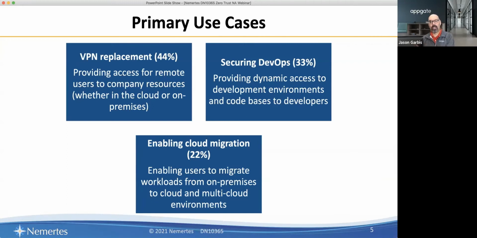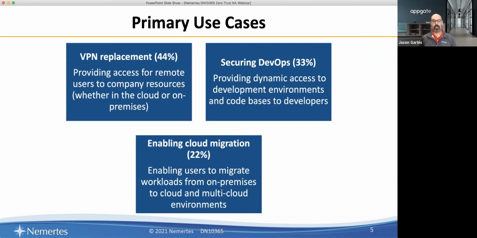Whereas you look at securing DevOps or cloud migration, both of those things are very often tied into these really strategic and really valuable digital transformation initiatives as organizations look to move away from traditional data centers or move to much more modern and higher velocity application architectures that help them do really amazing things to accomplish their business or their organization's mission.